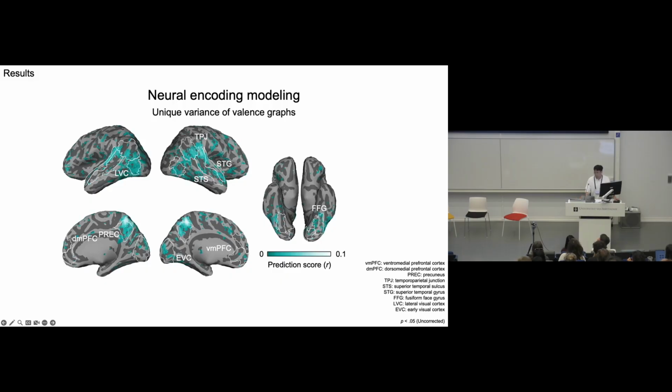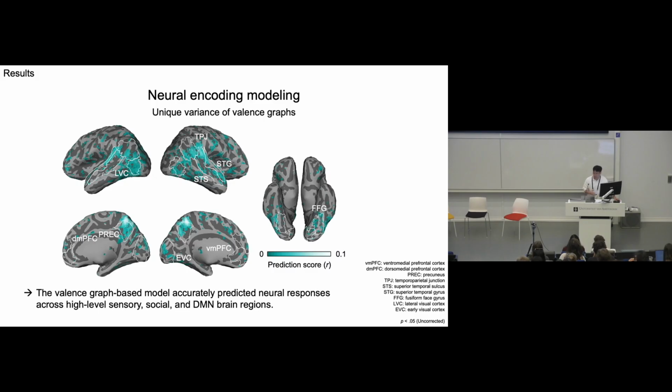Importantly, brain responses, for example, in the TPJ, STS, precuneus, and VMPFC, showed unique contribution from valence graphs, suggesting that our multidimensional modeling framework can account for not only behavior, but also brain responses during movie watching.